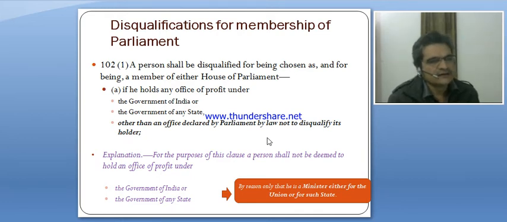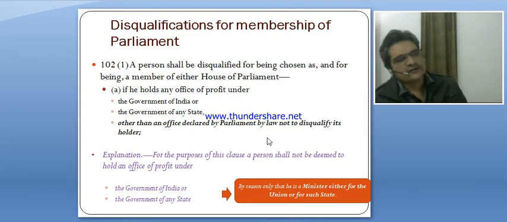Amongst other conditions, we are not going into that because we are confining our discussion to office of profit. It says that if a person holds any office of profit under the government of India or government of any state, and read that line carefully, other than an office declared by parliament by law not to disqualify its holder.